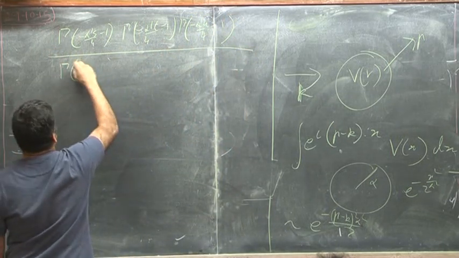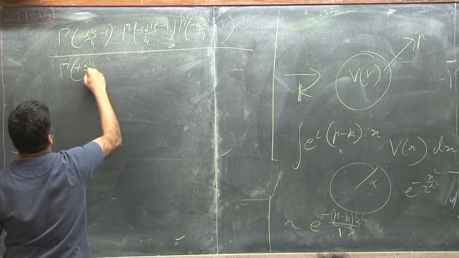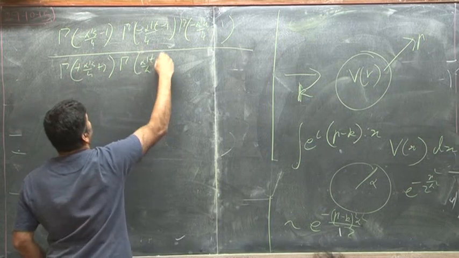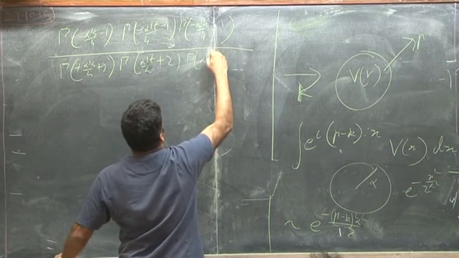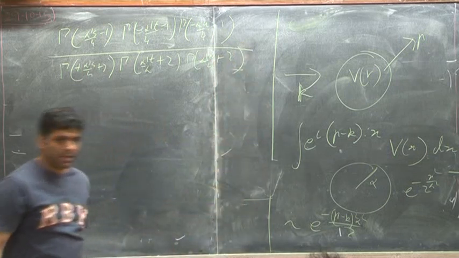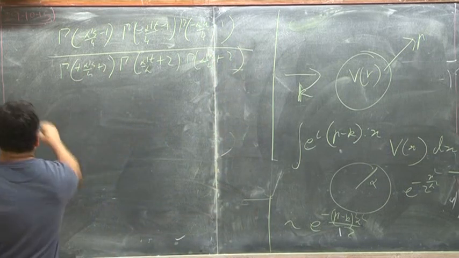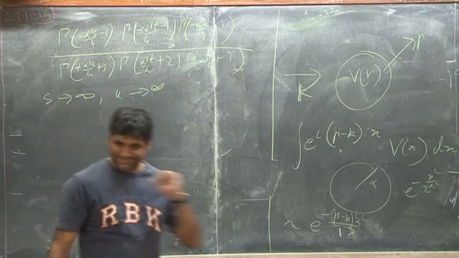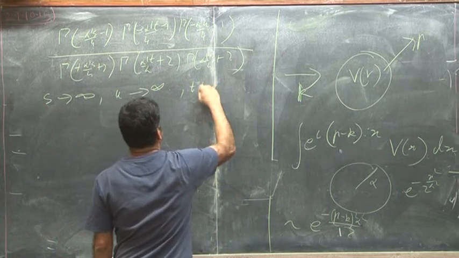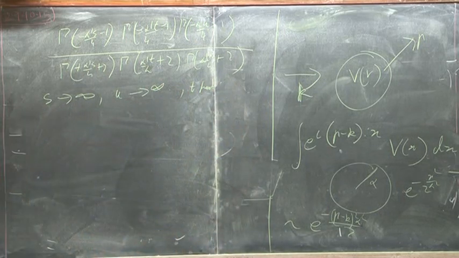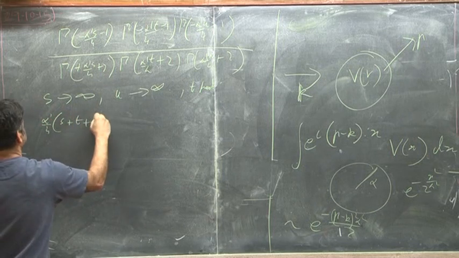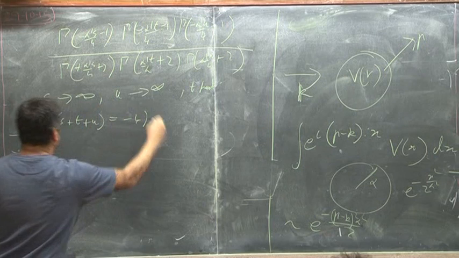So we have gamma of minus alpha prime u by 4 minus 1, gamma of minus alpha prime s by 4 minus 2, gamma of alpha prime t by 4 plus 2, gamma of alpha prime u by 4. Now we're taking the limit s going to infinity, u going to infinity, but t held fixed. Now alpha prime by 4 times s plus t plus u is equal to minus 4.